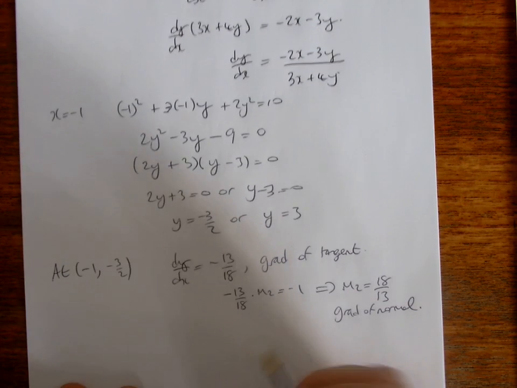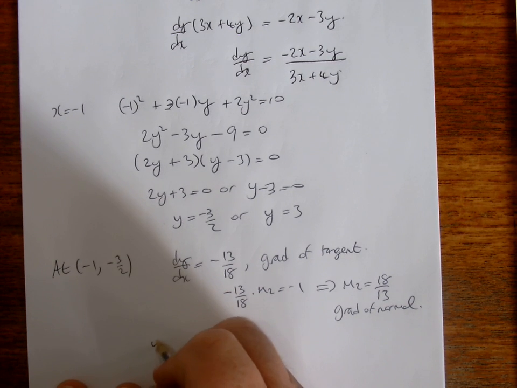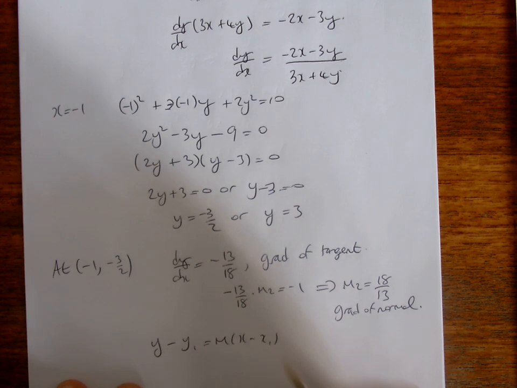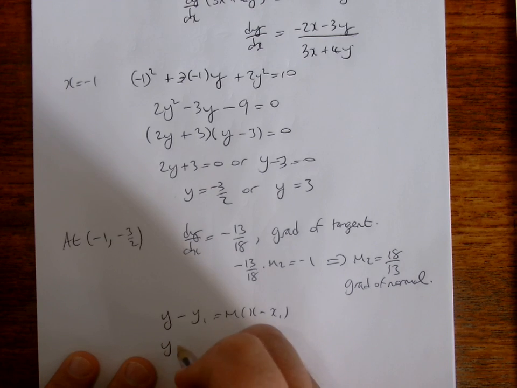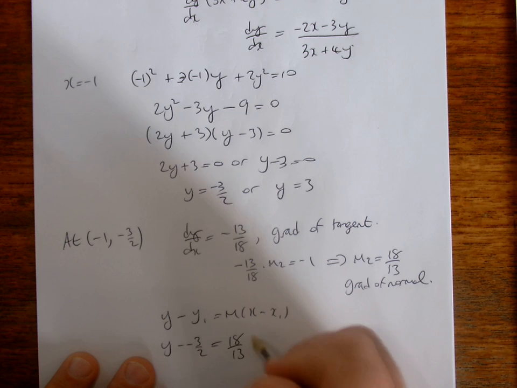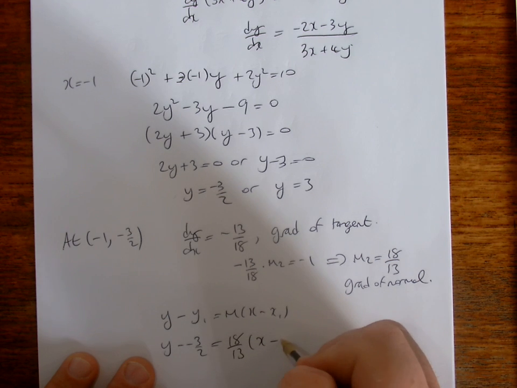Okay. So then you use the equation formula then, y minus y1 equals m(x minus x1). So y minus negative 3 over 2 equals 18 over 13, x minus minus 1.